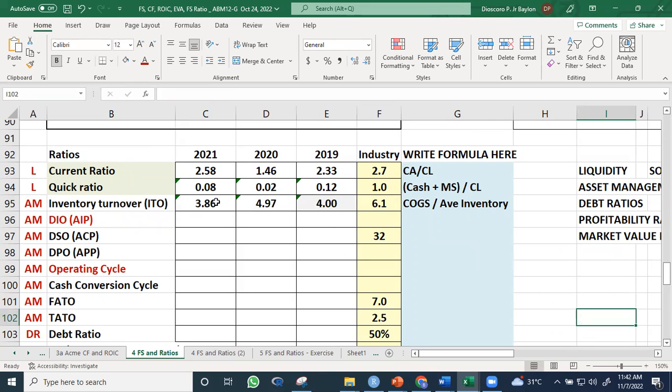Okay, so ano ibig sabihin itong 3.86? What does this mean? Inventory turnover. Okay, it's important for us to understand what that is.